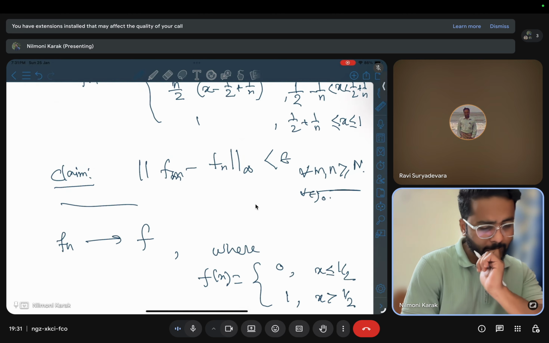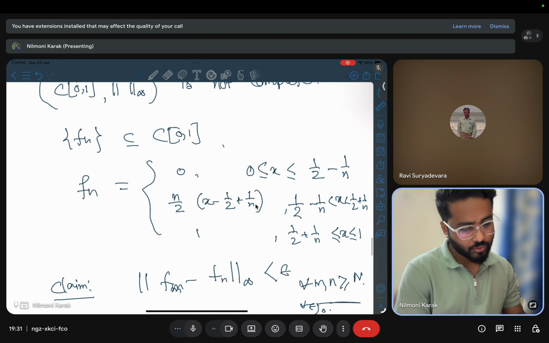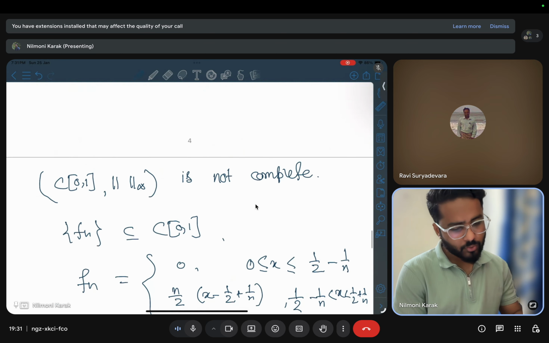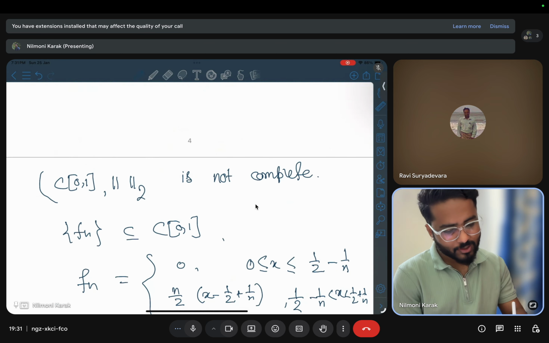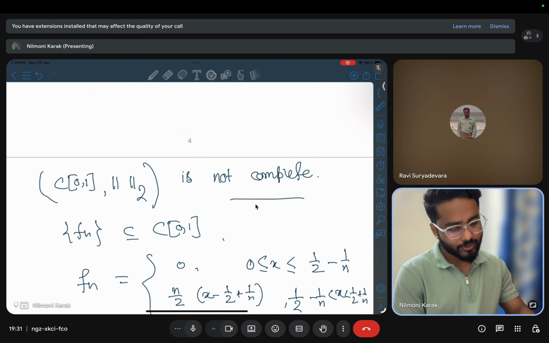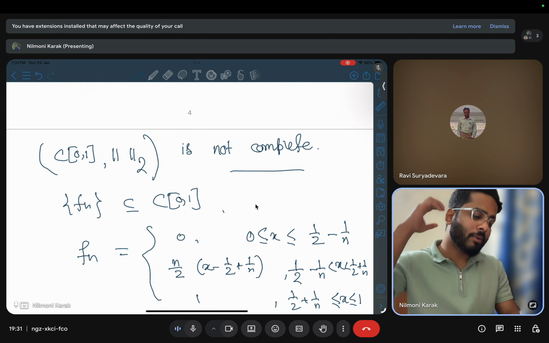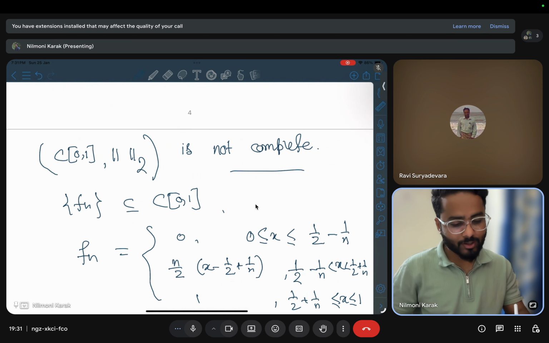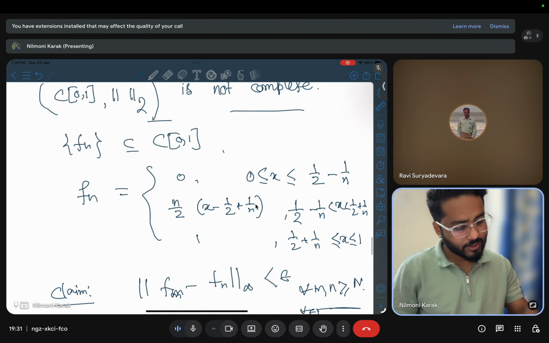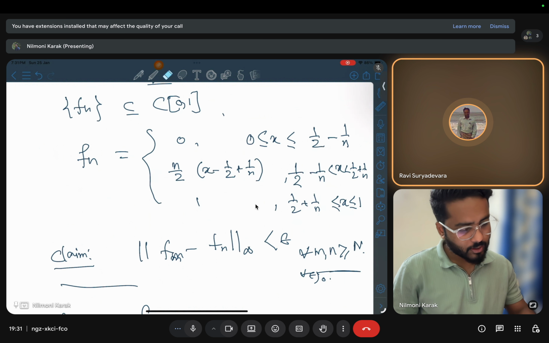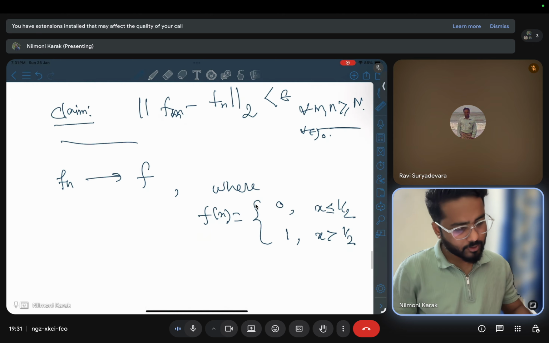One thing, I made a mistake. I wanted to show that this norm is not complete, not the infinity norm; the infinity norm should be complete. Mistakenly I have written that.